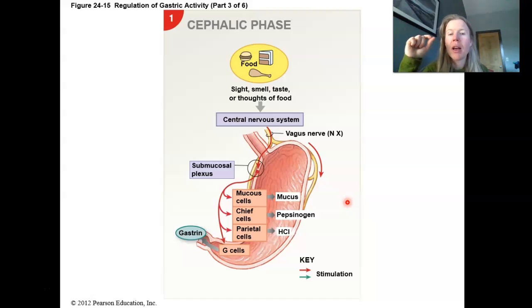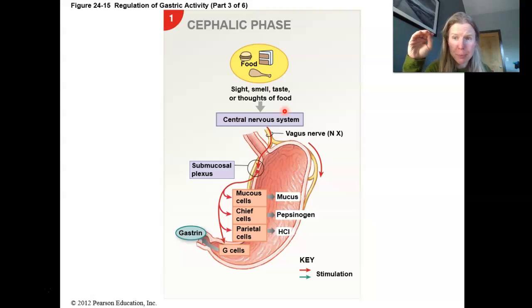So this would be, again, that hormone gastrin can get released and start stimulating parietal cells and chief cells. And so what we're really seeing happen here is the sight, smell, just thinking about food is going to stimulate the central nervous system.